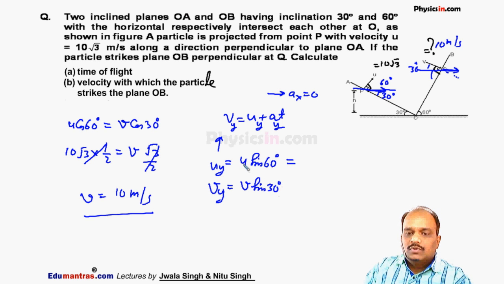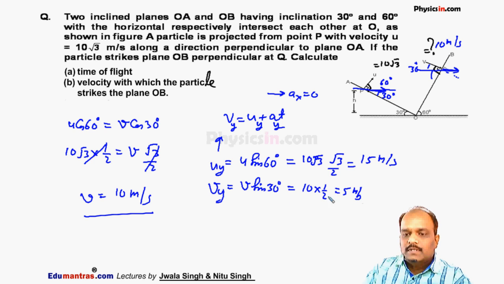This is equal to u is 10 root 3, sin 60 is root 3 by 2. So it comes out to be 3 into 5, that is 15 meters per second. And this is equal to v, 10 into 1 by 2, that is equal to 5 meters per second.